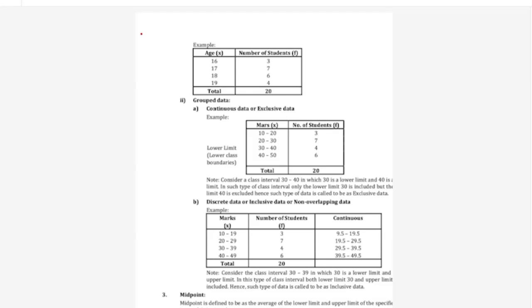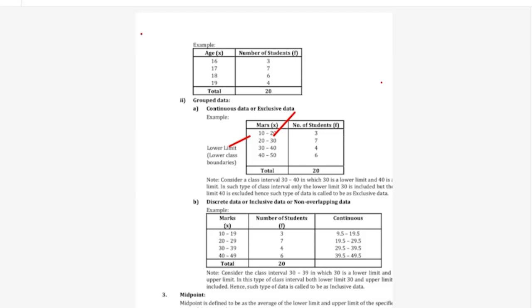The answer to that question is that when we focus on such type of data, the upper limit of the first class interval and the lower limit of the second class interval are considered the same, and not only for the first and second one, but for all the consecutive class intervals, since the upper limit and the lower limit are exactly the same.